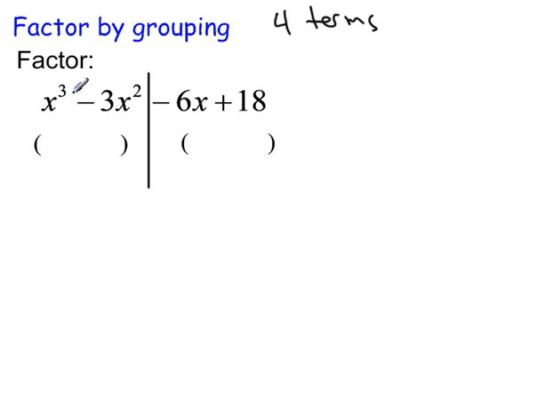So we're going to use greatest common factor to factor out what's on the left of this line. So what's the greatest common factor of x to the third and negative 3x squared? That's going to be x squared. Right? That's the greatest common factor of x to the third and x squared.